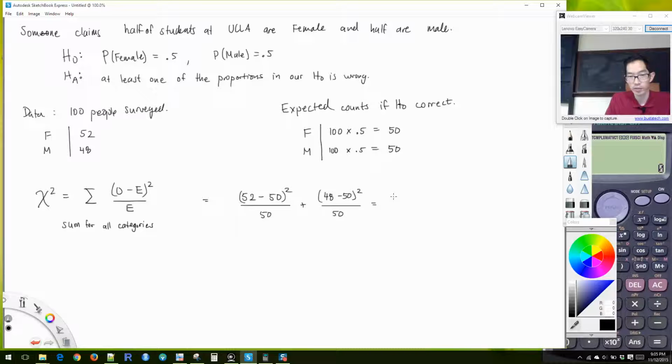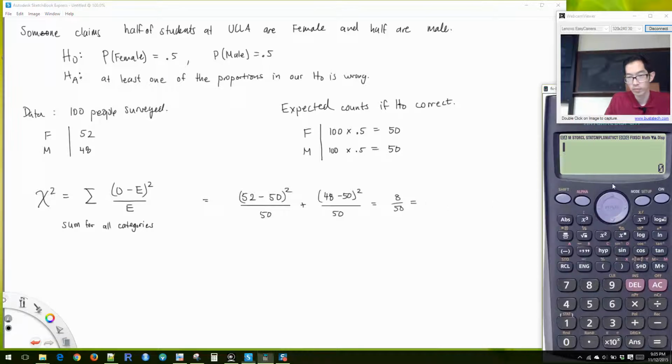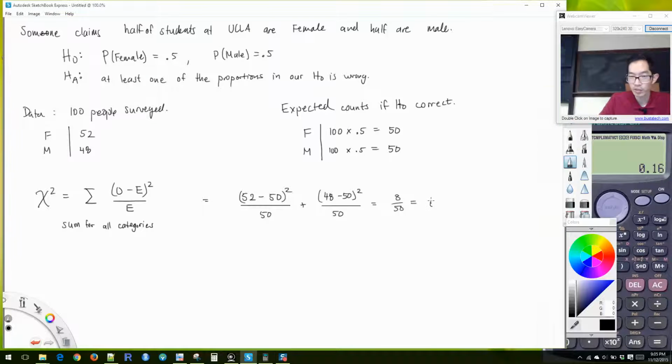So what do I have? 0.16. It's really small.